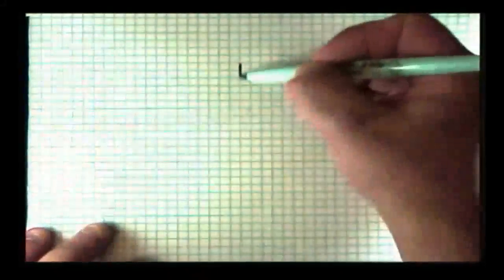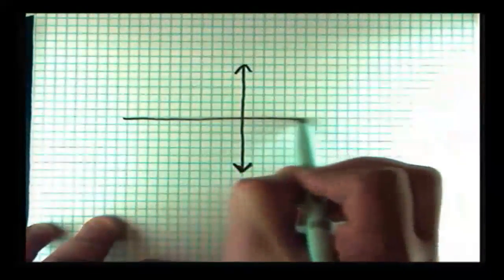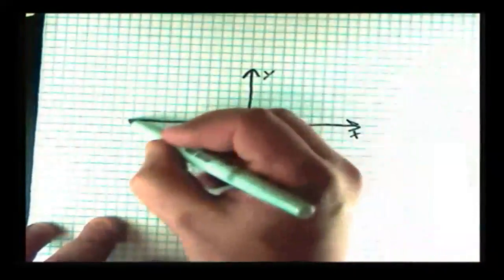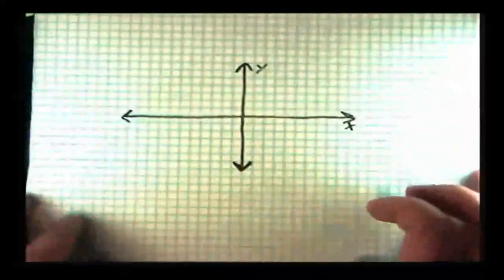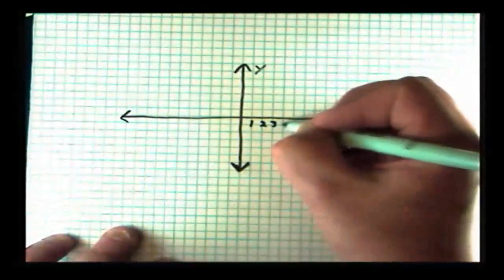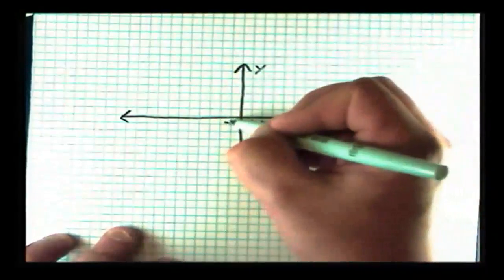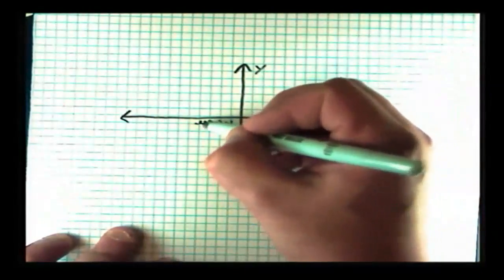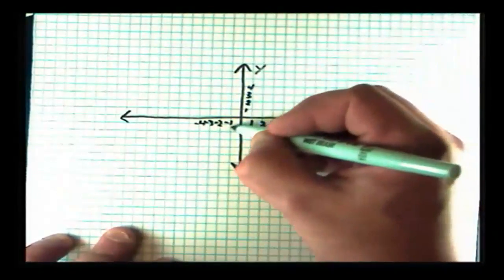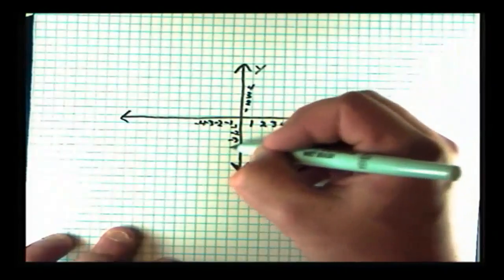Like you saw in the image before, we have our y-axis going in both directions, and we have our x-axis, and this is gridded out properly. We have 1, 2, 3, 4, negative 1, negative 2, negative 3, negative 4 in the x, and the same in the y.